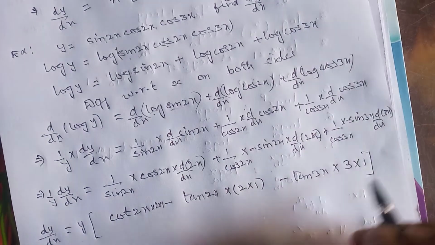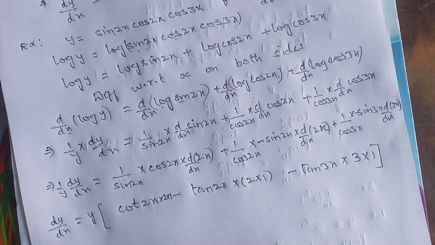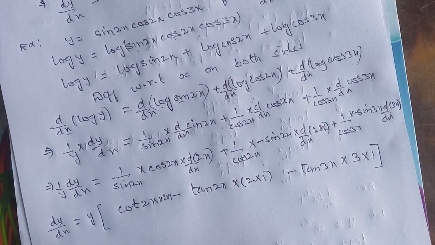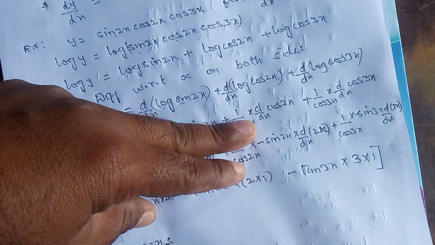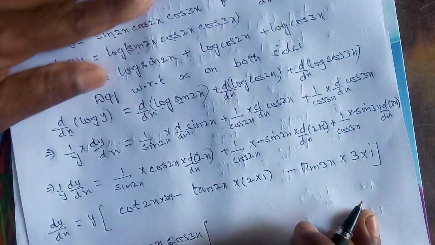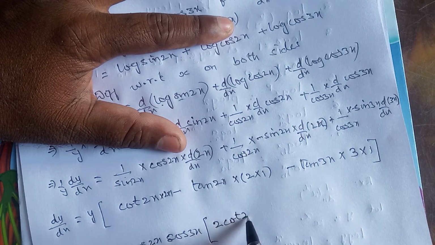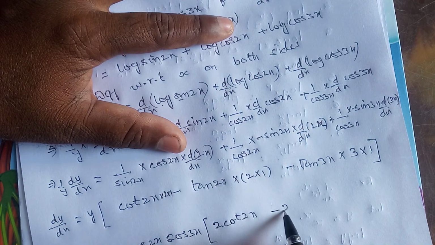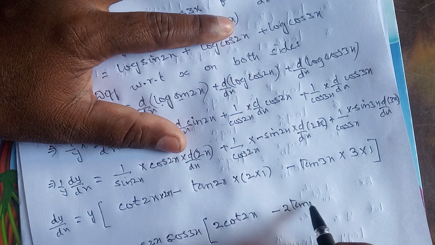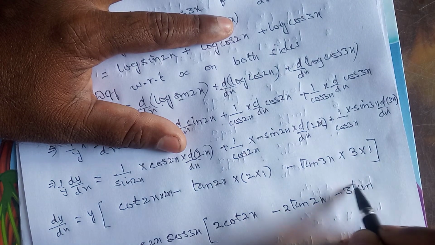If you simplify more, put the y value here: sin 2x cos 2x cos 3x, times 2 cot 2x minus 2 tan 2x minus 3 tan 3x.